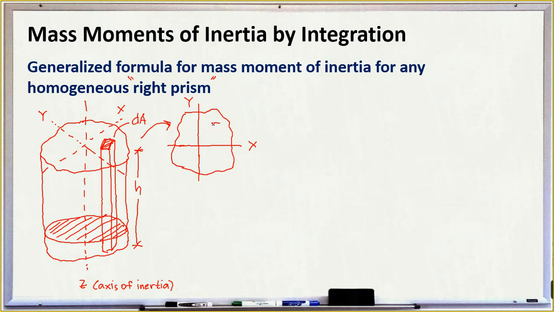So this is our differential area, again, this is our dA. This dA, of course, has a distance of y and a distance of x. But since our axis of inertia is the z-axis, which is towards the page or away from the page, we are concerned only with the distance from this differential area towards the z-axis, and we're going to call that rho.